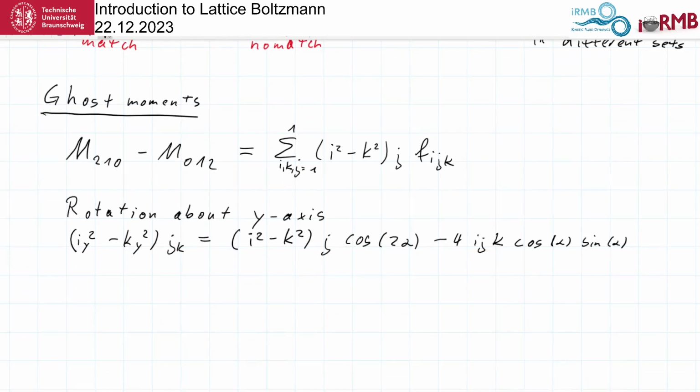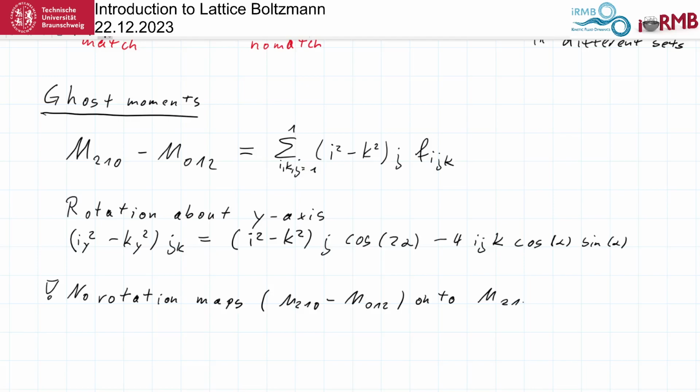And very similar to what we had before, we'll now observe that there is no rotation that maps M210 minus M012 onto M210 plus M012. And even though we did this in the context of our lattice, this is actually not depending on the lattice. So this would also be the case if we had the non-discretized momentum distribution.